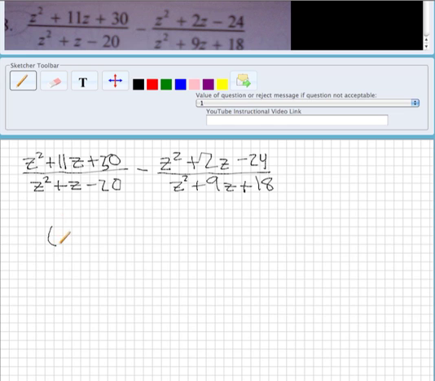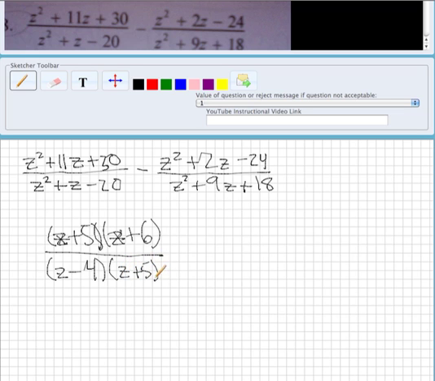So the top becomes x plus 5, x plus 6 of the first fraction, and the bottom becomes, I'm sorry, it's not x, but z, z minus 4, z plus 5.